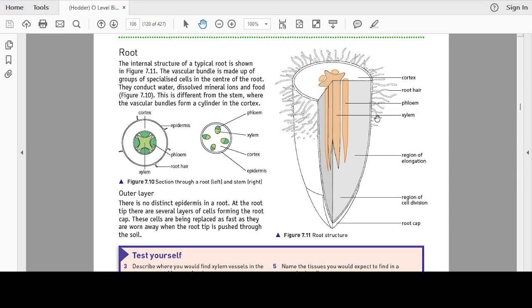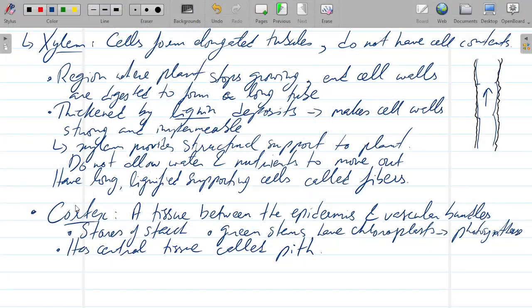Here's another diagrammatic representation of the root. You've got the epidermis and the cortex and the xylem and the phloem, and other things such as the root region of elongation and cell division, root cap, and all of that, which we'll talk about. So keep that in mind as I just go over the explanation. Switch to the whiteboard. Okay.